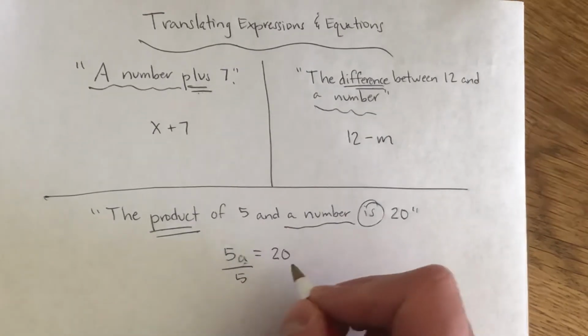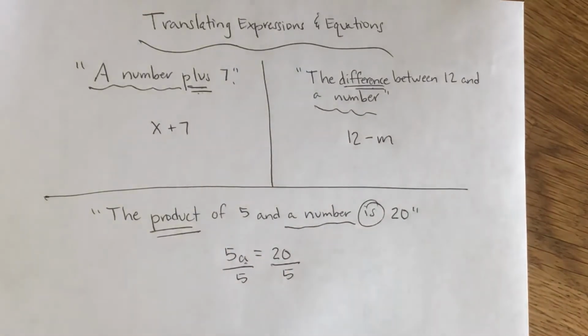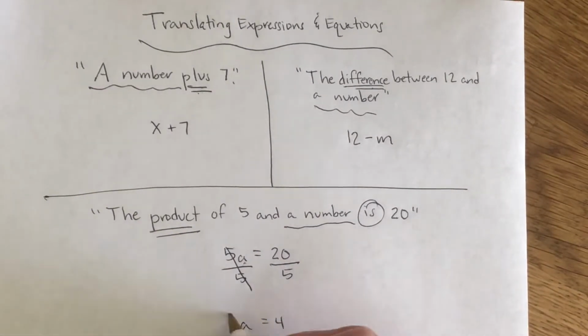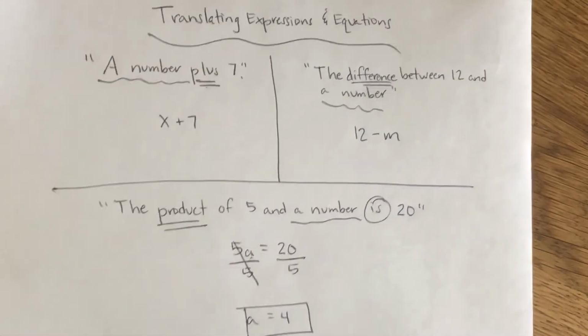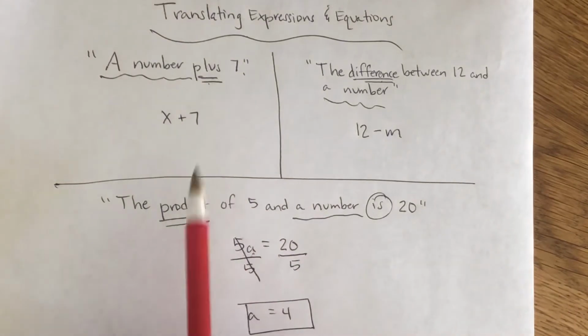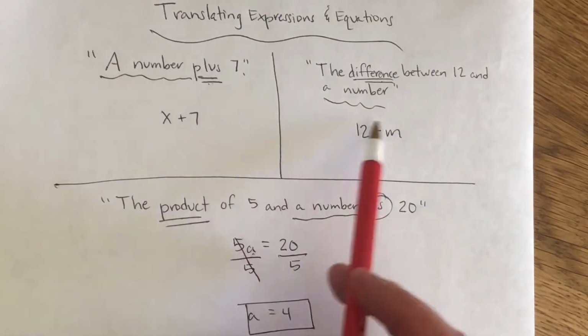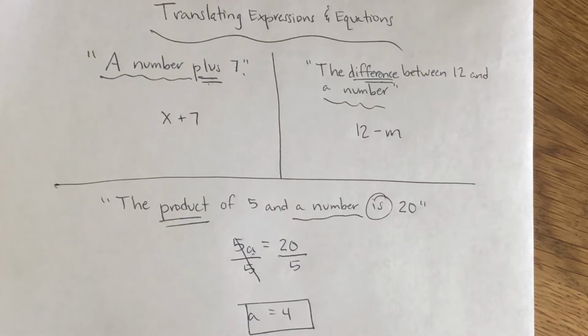And the golden rule, whatever you do to one side of the equation, you have to do to the other. So 5 divided by 5 is 1. That cancels out. That's why we did that. So 1a, or just a, equals 4. And we could circle back and check our work. 5 times 4 does in fact equal 20. So that's just kind of a little intro into how we can express things that we want to mathematically when we have an unknown value.